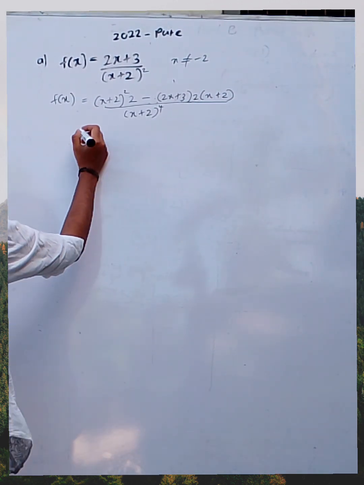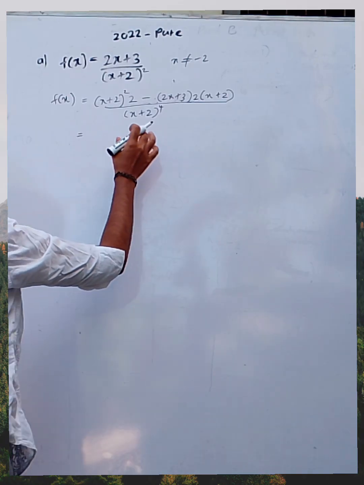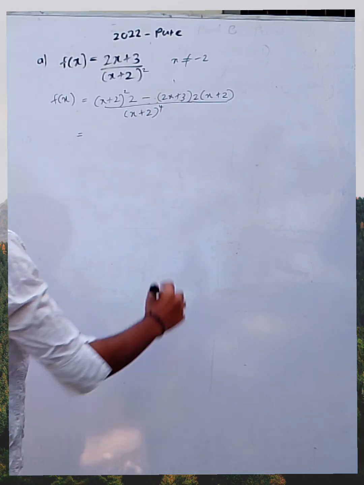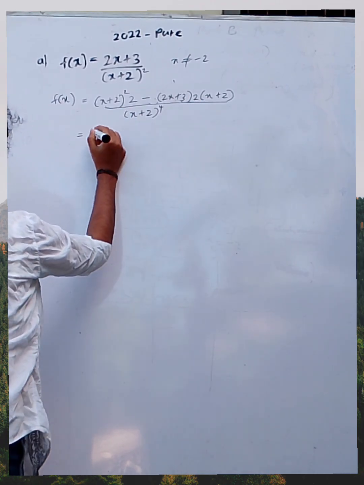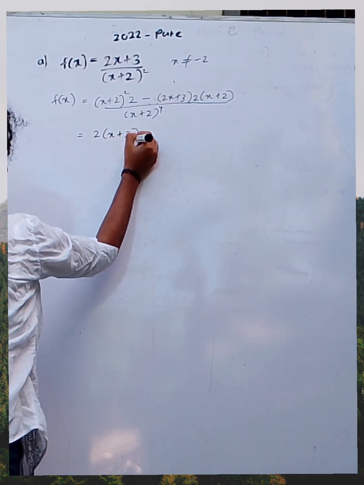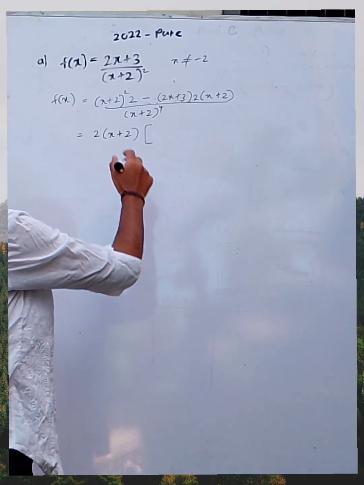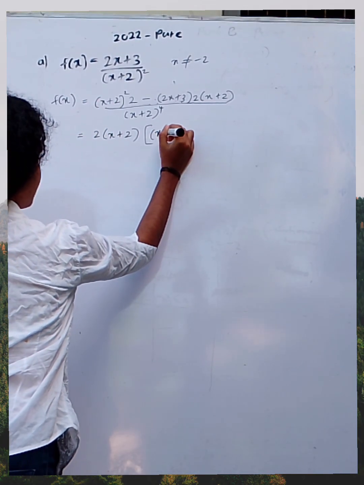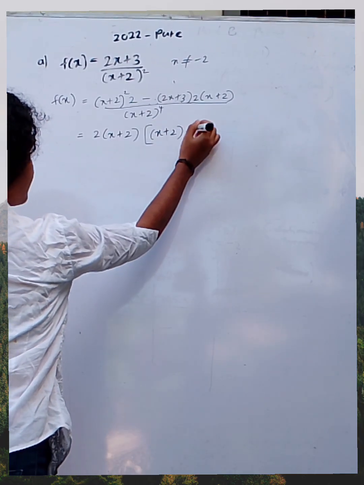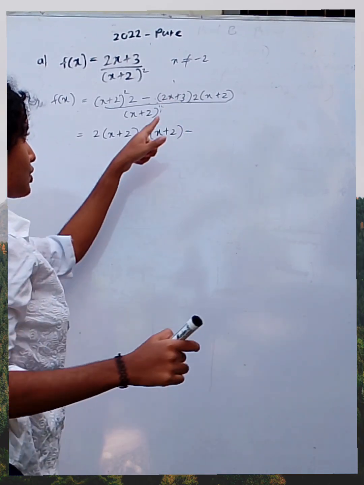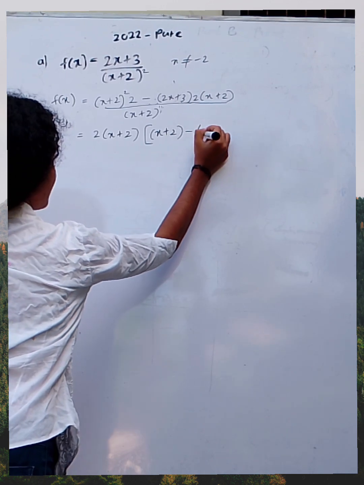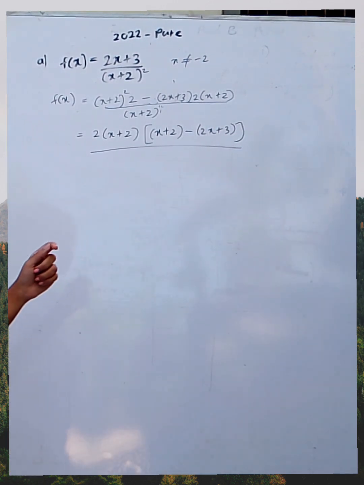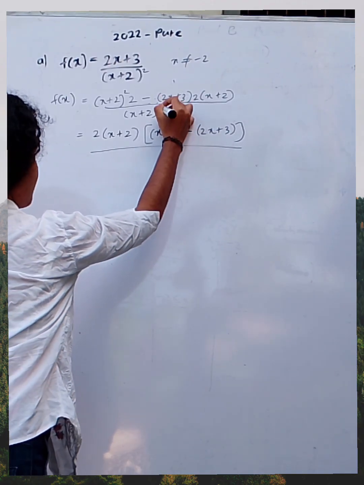Right, so now we can simplify and see the common factor here. What is the common factor? It's x plus 2, and there's a 2 as well. Take that outside, x plus 2, and open a bigger bracket, and then you can see that x plus 2 we take out and simplify this, minus. What is remaining is 2x plus 3, and in the denominator you can see x plus 2 to the power 4.